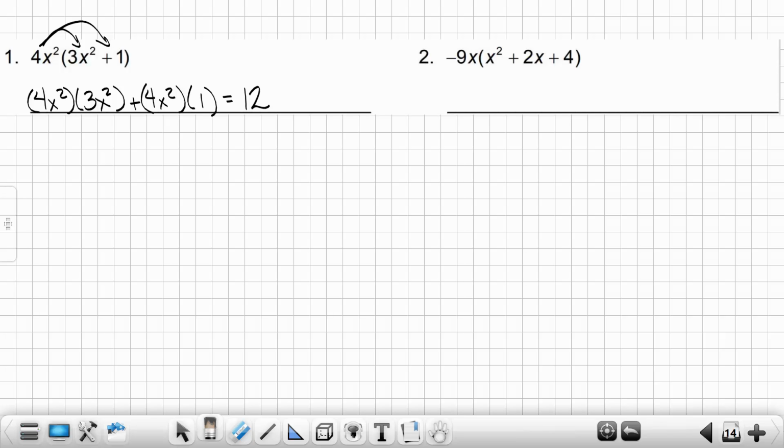Raymond, what do I do with the exponents? I add the exponents. So x squared times x squared is? No, I'm not doing anything with the coefficient. 4 and 3 are already done, they've multiplied and given me 12. Now I'm doing x squared times x squared. Add the exponents. X to the 4th. And it's fine.